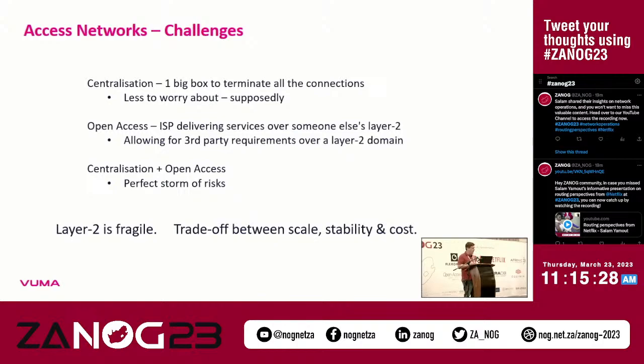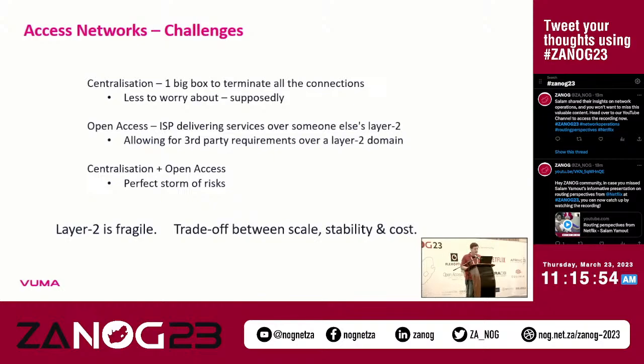That means ISPs with their own particular requirements, their own architectures, the number of devices they want to do, the kinds of CPEs they want to use, all these different dynamics that you don't have control over, and they're doing it over third-party networks. And open access in South Africa ends up being the perfect storm of the two of those together.